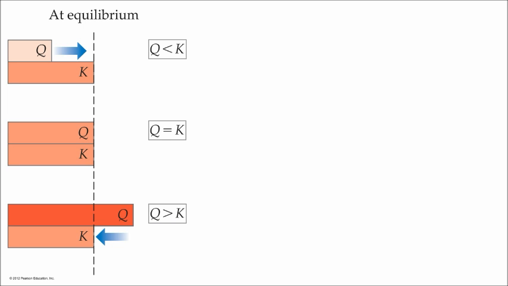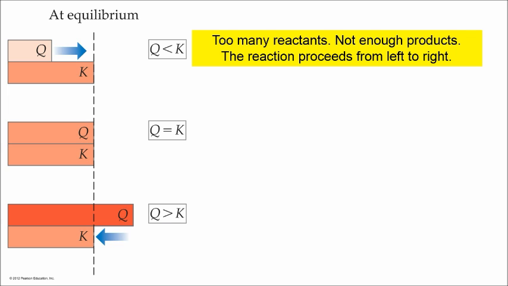Here's another way of visualizing the situations with Q versus K. So if you're not quite at equilibrium yet because Q is less than K, then you'd have to proceed toward the right to increase the amount of products until eventually Q equals K.